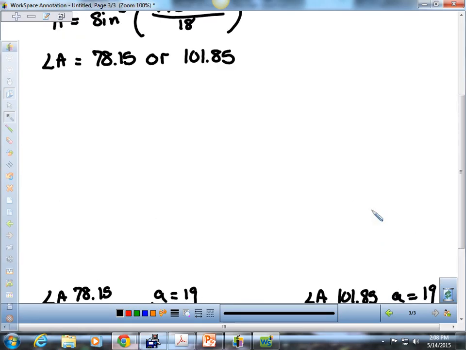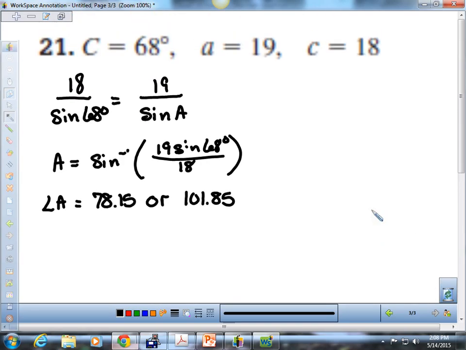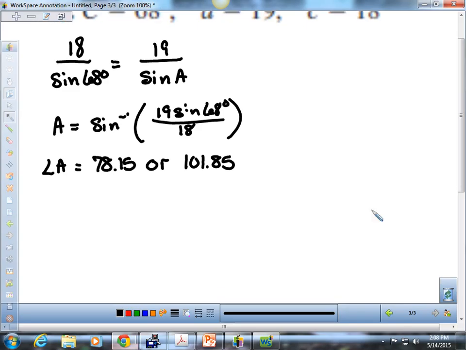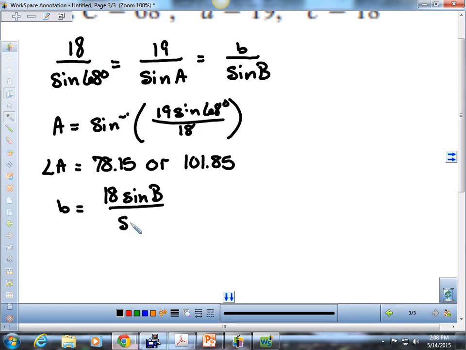Okay, and now just stick with law of sines to find side B. Okay, so side B is going to equal, and let me just go ahead and do this up here, B over sine B to kind of help you out. So what is B going to be equal to? 18 sine B divided by sine of 68.